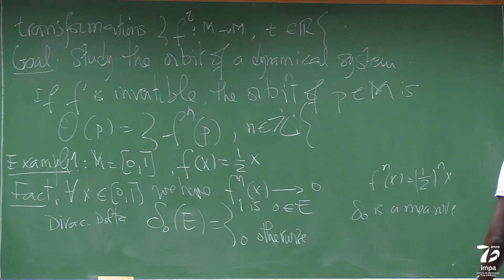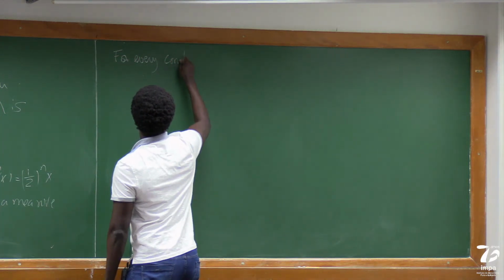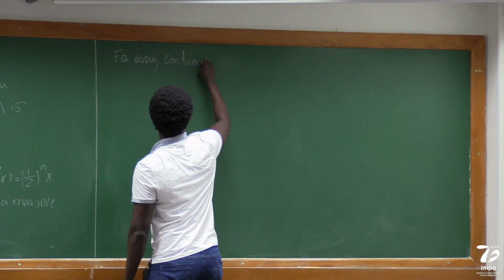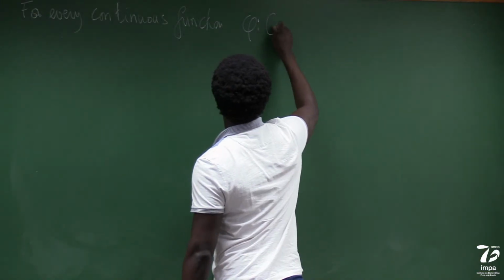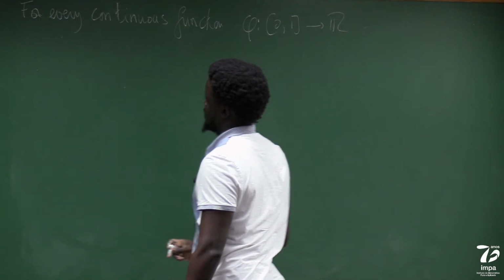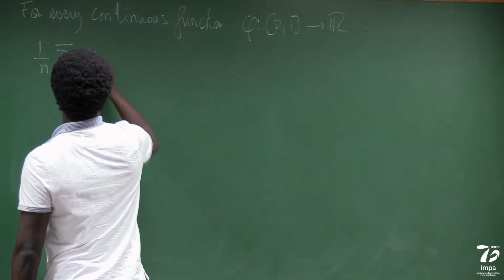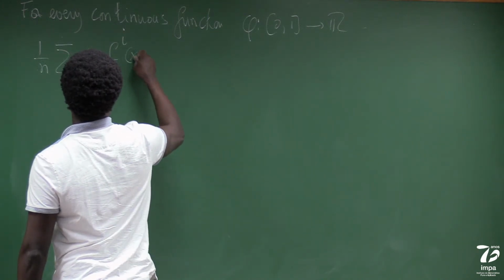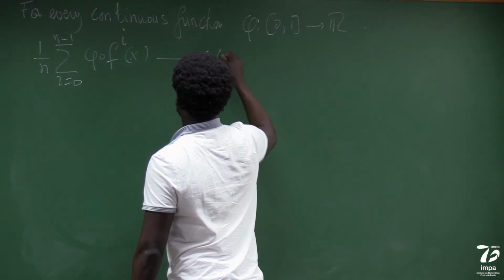There is something interesting in this measure. It has the property that for every continuous function phi from [0,1] to R, if you look at the average of phi evaluated along the orbit of x, for i equals 0 to n minus 1, this is converging to phi of 0.